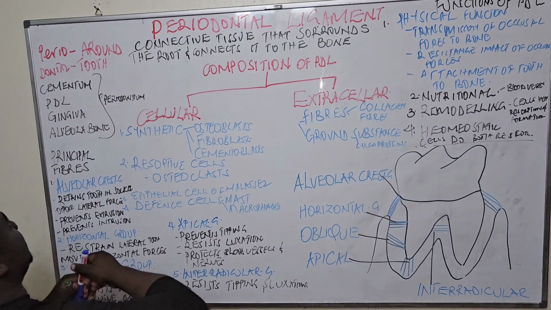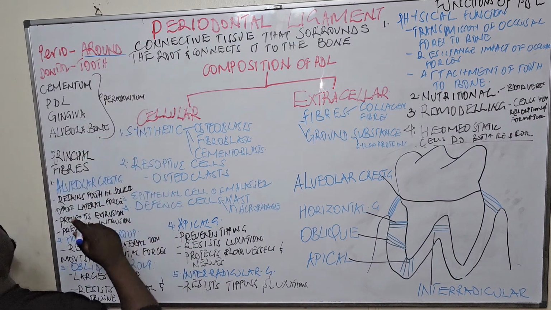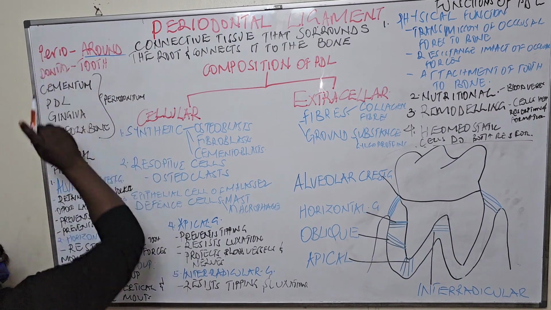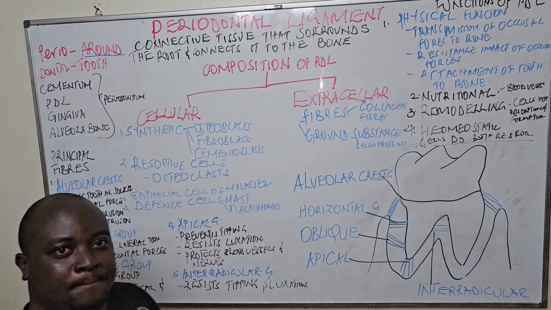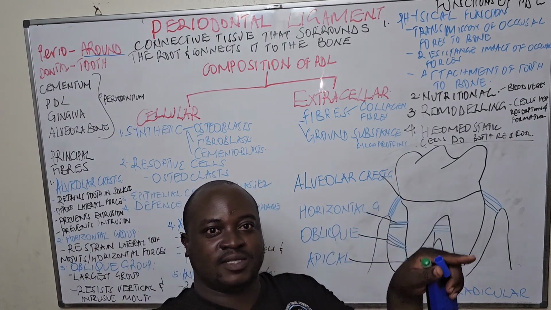Perio means around, dental means the tooth, and therefore when we say periodontal, we mean the area around the tooth.